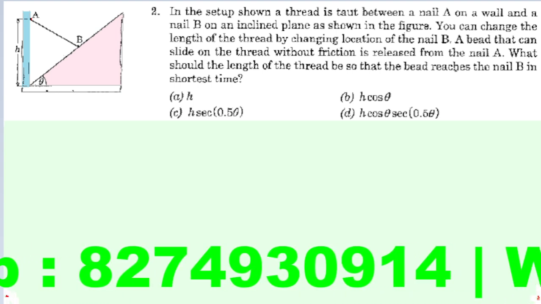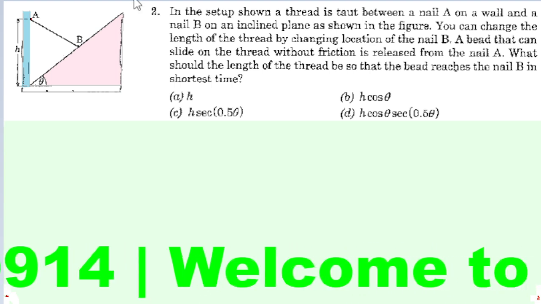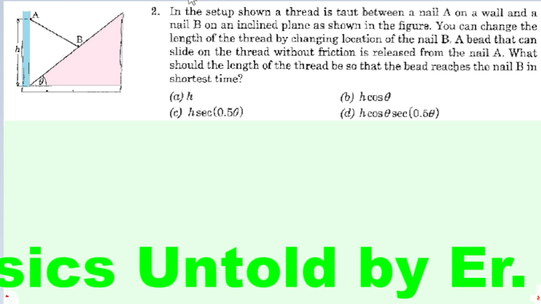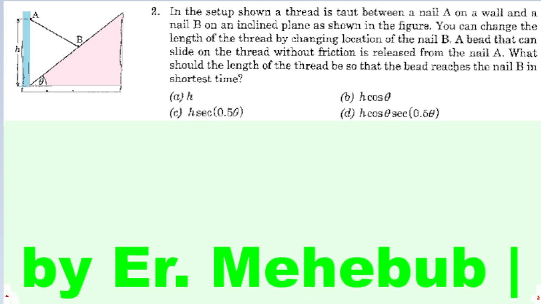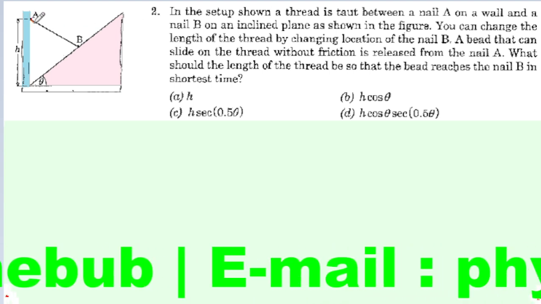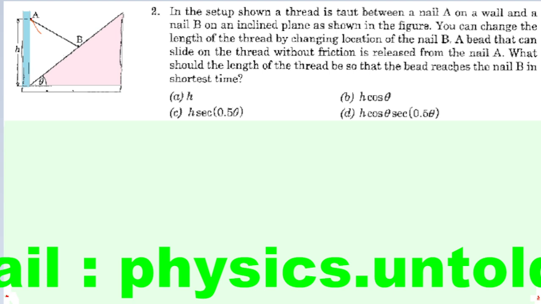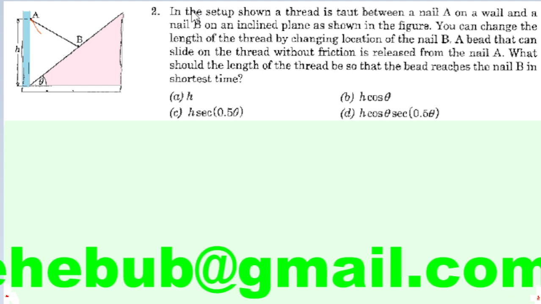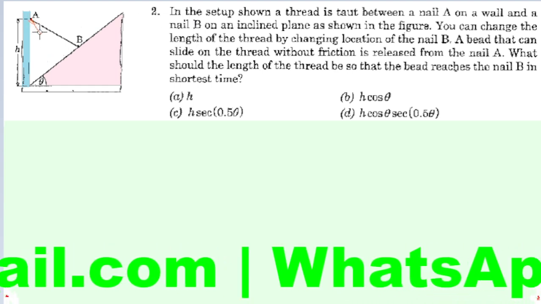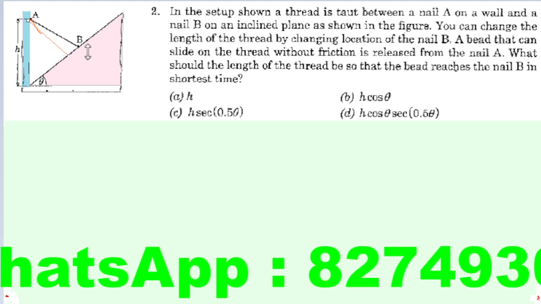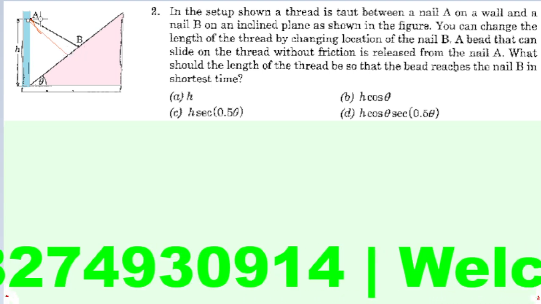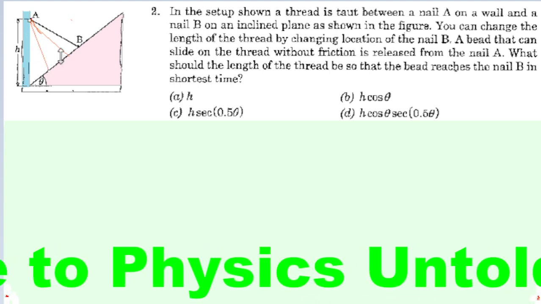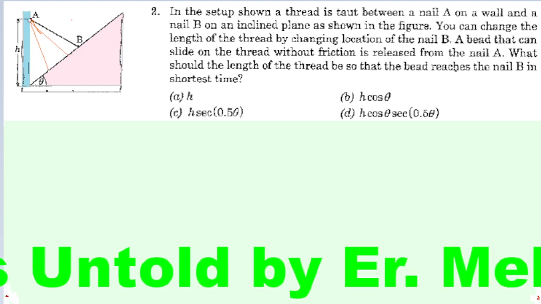So if we are changing the location of point B on the inclined plane, then we can choose any point for fixing the point B. So let us first assume this is the position of the rope, with point B on the inclined plane, and this may be another position of the rope, maybe this alignment, and so on.